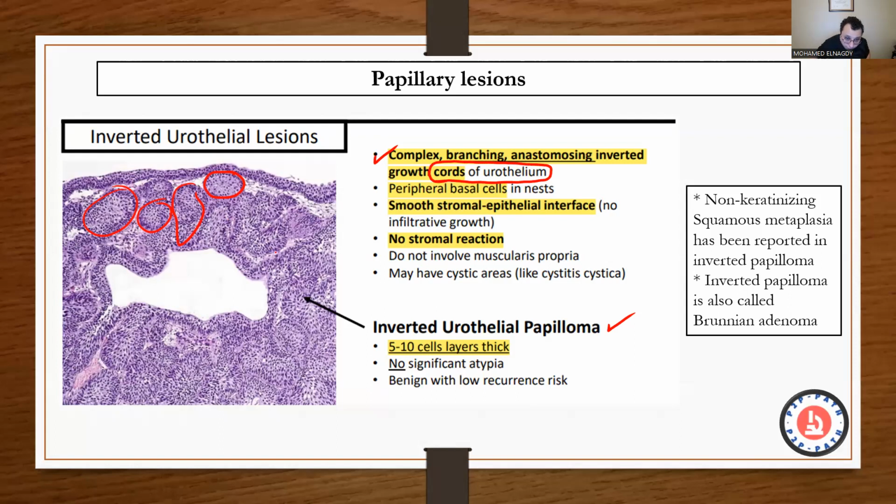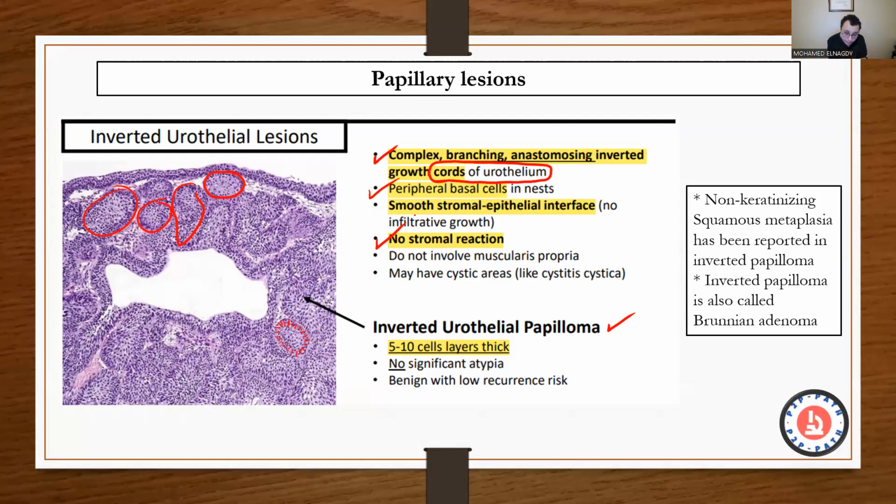And if you look peripherally, you will see peripheral cells which are arranged beside each other, forming a palisade, which is called peripheral basal cells in the nests. Well, it's not really palisading, but there are some peripheral basal cells and some complex branching and anastomosing cords of cells. There is no stroma reaction because this is not invasive, it's non-invasive.